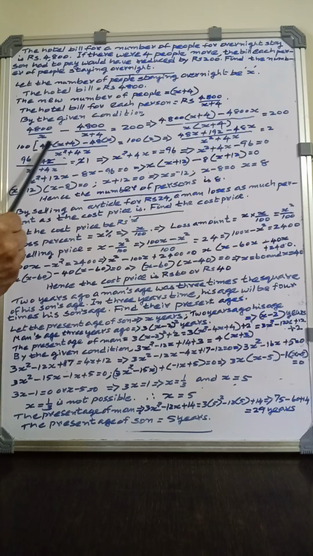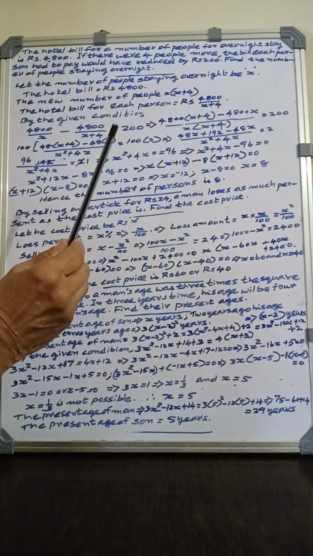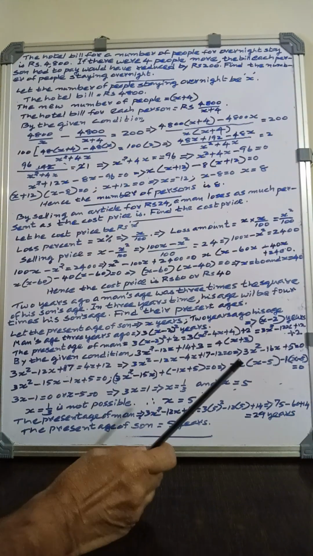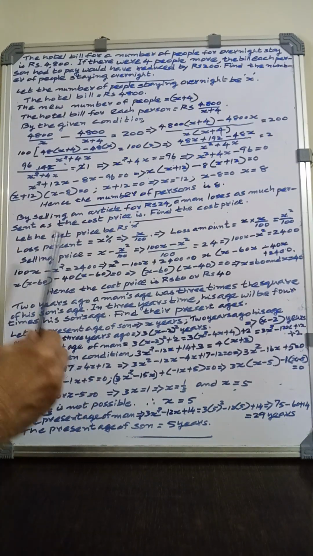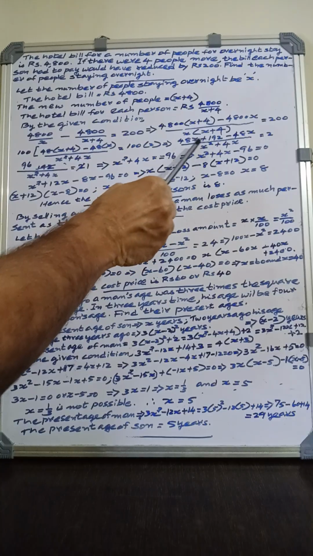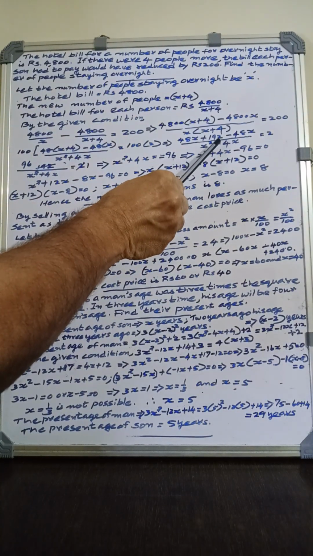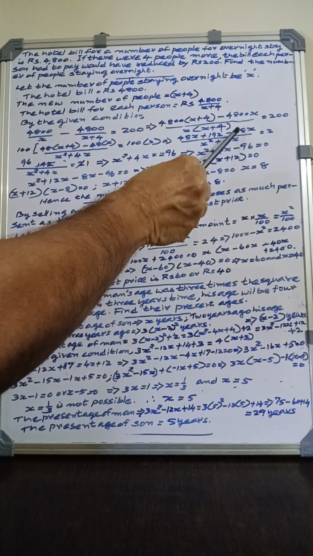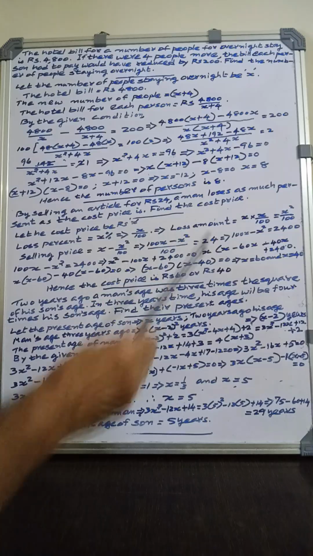Therefore, 48 into x plus 4 minus 48 into x by x squared plus 4x equals 2. 100 into 2. Therefore, these 100 cancelled, and now 48x plus 192, 48 into 4 is 192, minus 48x by x squared plus 4x equals 2.